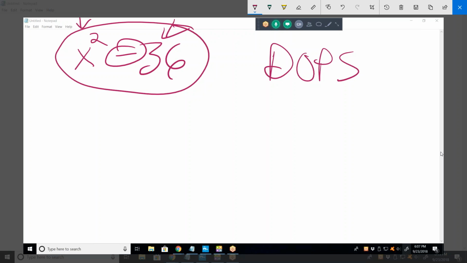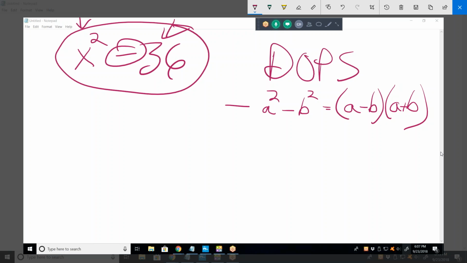And difference of perfect squares, if I want to label it like this, always factors the same way. A minus b times a plus b. Okay? So memorize that. That's extremely important. And learn to recognize when you are looking at difference of perfect squares. So x squared minus 36 factors to what?